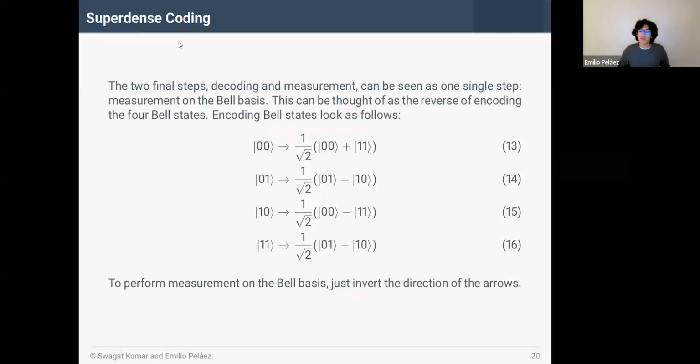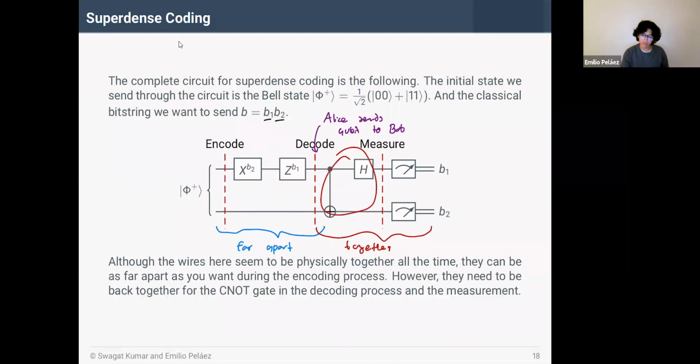So encoding, just to remember, looks like 00 goes to the Bell state we start with, 01 goes to 01 plus 10, 10 goes to 00 minus 11, and 11 goes to 01 minus 10, minus 10, sorry. So the measurement on the Bell basis is just the opposite. So the arrows are reversed. Measurement is like this. So yeah, that's what these two do.